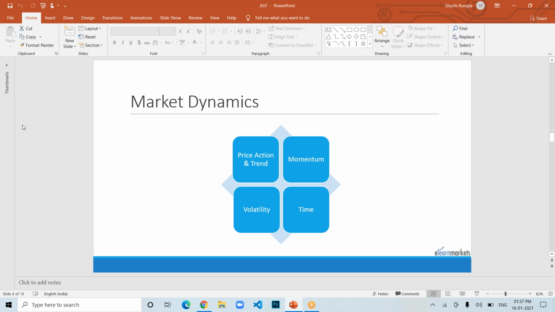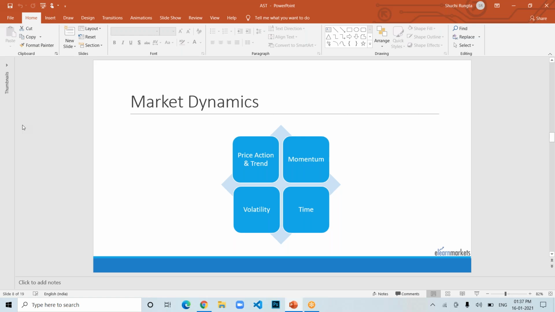So basically, what are the most important dynamics or the pillars on which the market moves? We need to understand that more than the charts and more than proper analysis, you need to understand the psychology behind the market movement. Understanding the psychology is extremely important to be a successful analyst.